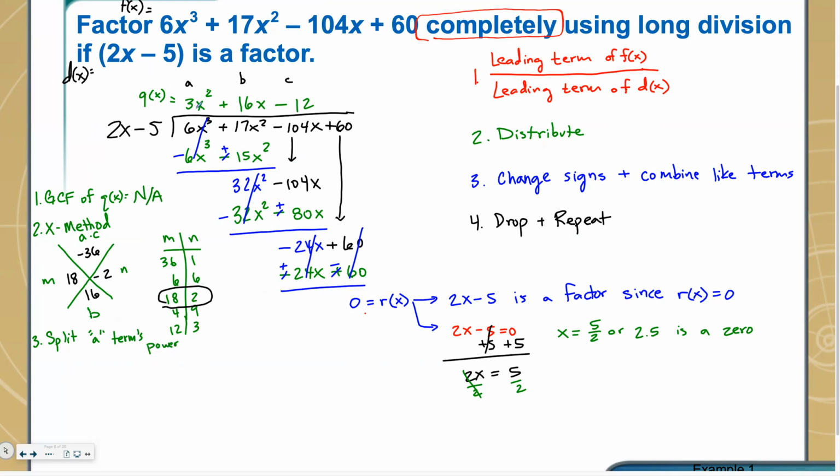So I come up over here, and I'm going to take the A term that's right here and split its power. So its power is a 2. When you split the power 2, what are you left with? Just power 1. So it'd be a 3x in one parenthesis and a 3x in the other parenthesis. So I split the A term's power, and I include the two numbers from our x method. So the plus 18 and the minus 2.